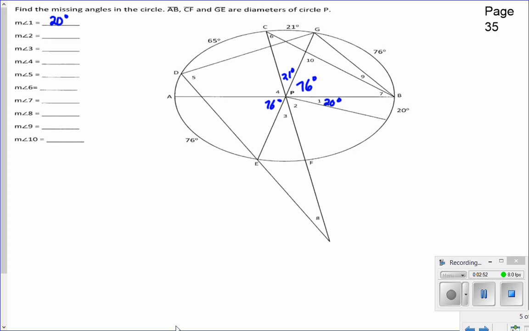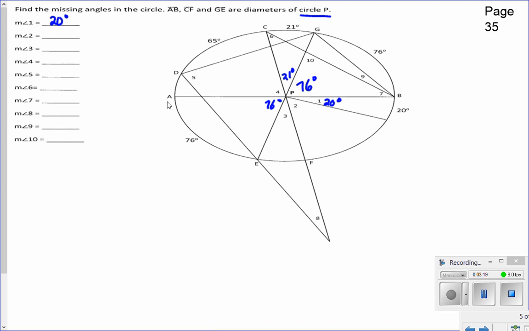Okay, so I'm noticing this is circle P, which tells me P is the center, and it also says segment AB is a diameter. So if that's a diameter, then we know that the top part here is a semicircle. Semicircles we know measure 180 degrees. And I'm seeing 65, 21, and 76 are the arc measures.